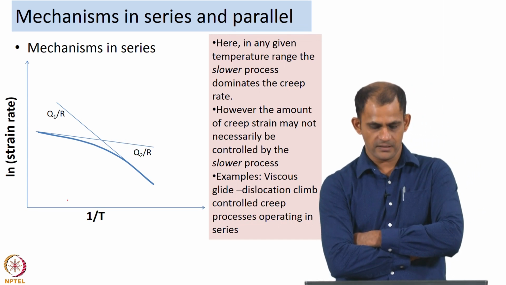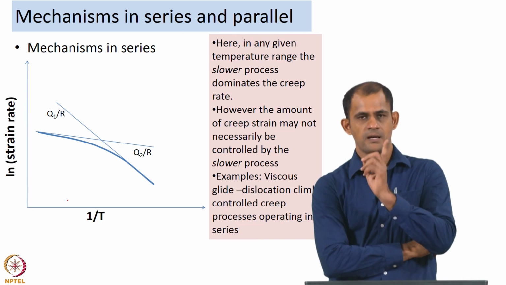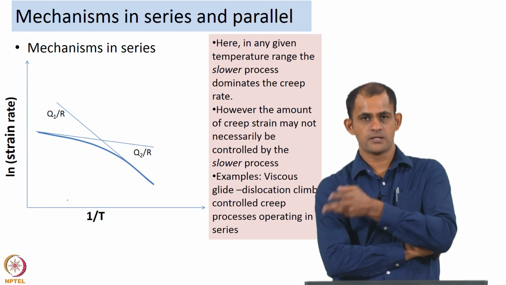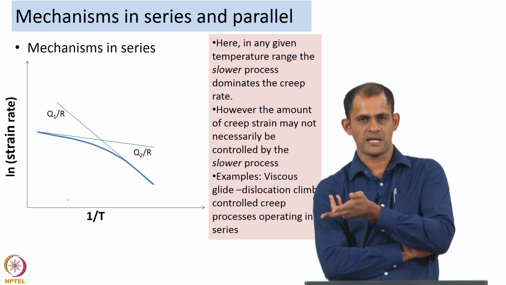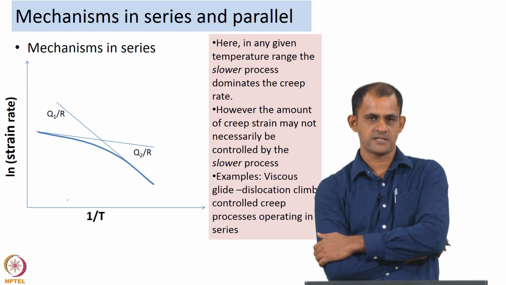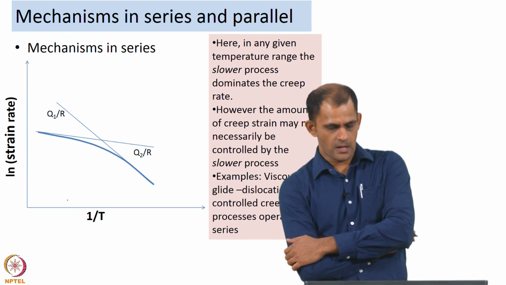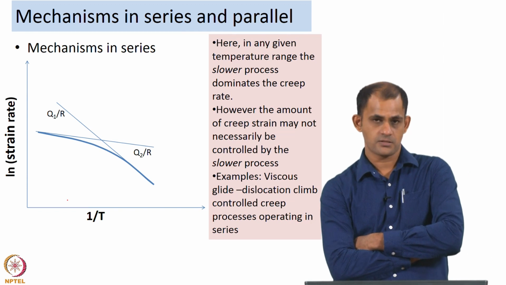What is interesting here, unlike for mechanisms in parallel, is that in series the slower process becomes the rate controlling mechanism. In any given temperature range, the slower process dominates the creep rate; however, the amount of creep strain may not necessarily be controlled by the slower process.